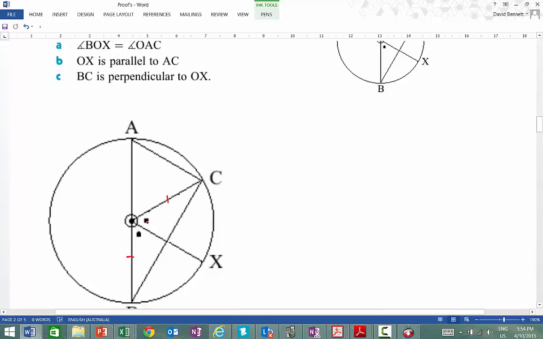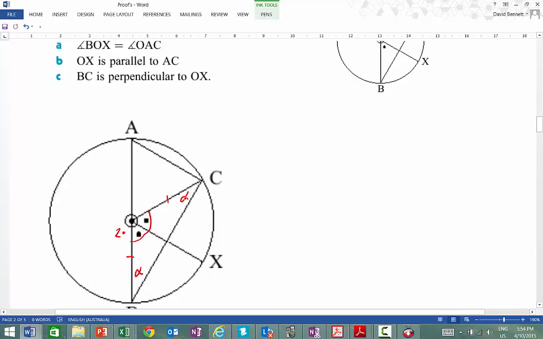Then this angle there is in fact 2 dots. This angle here we're going to call alpha, and this one alpha. Now we've got this triangle here, and we've just labelled it.